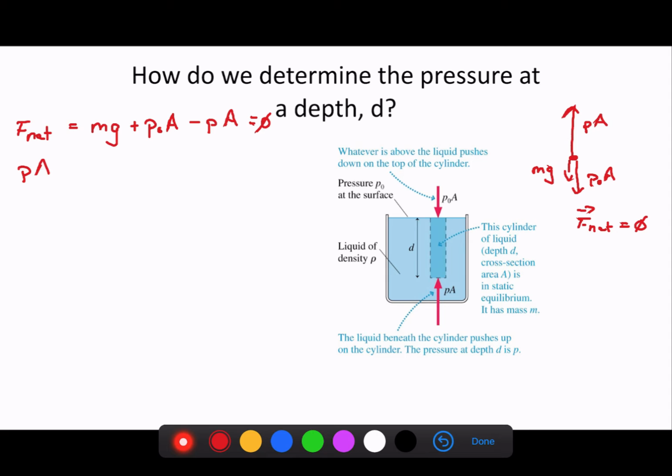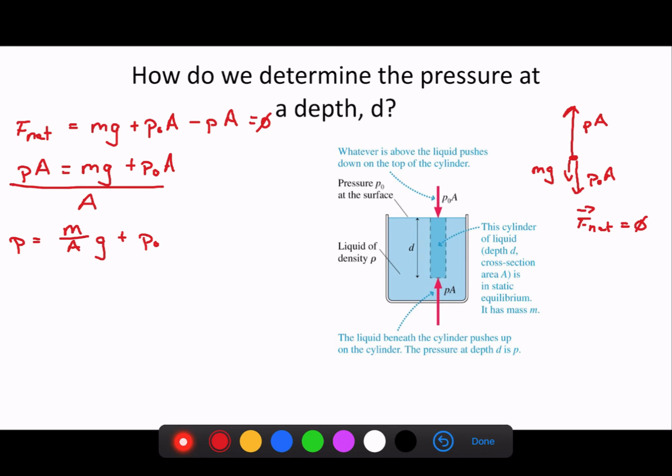Now if I rearrange this, I can have PA equal to mg plus P naught times A. Again, P naught is the atmospheric pressure. If I divide all of this by A, I have an equation that says pressure is equal to mass over area times g plus the atmospheric pressure.